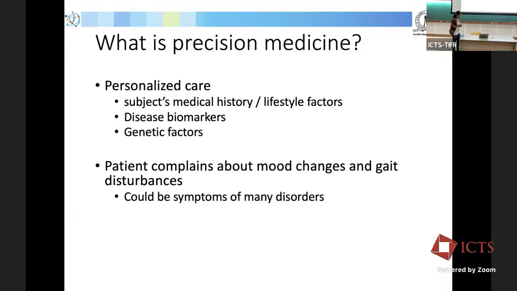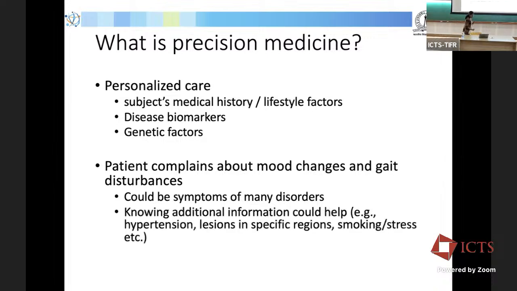But then if I give you some additional information about the subject, like they have hypertension and a history of diabetes, and if we take an MRI scan, it reveals lesions or some abnormalities in certain regions of the brain.